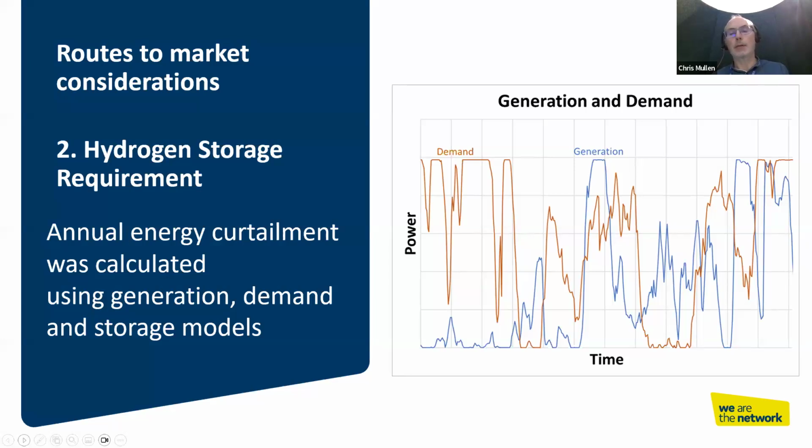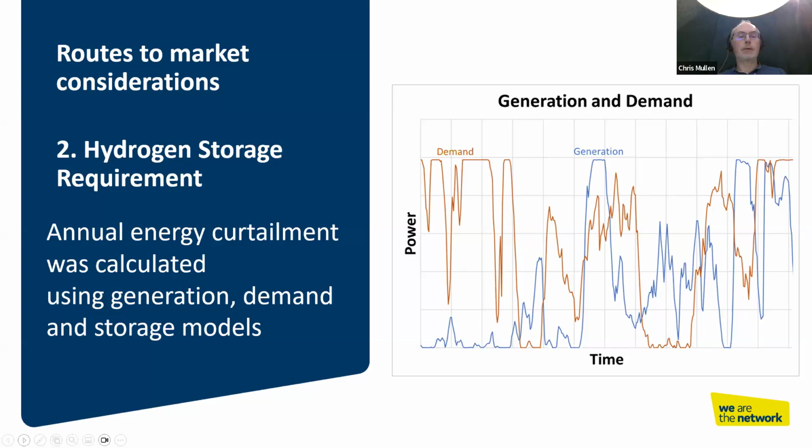So without storage, this generation would be curtailed. If we were able to store this generation instead of curtailing it, we could feed it back to the demand just a little bit later on when the generation dips below the demand.